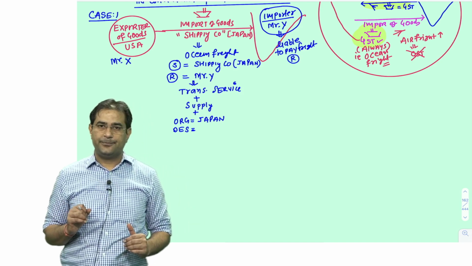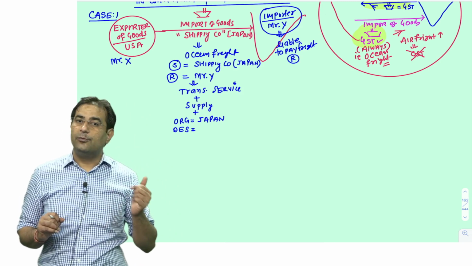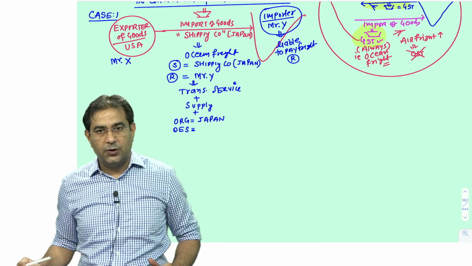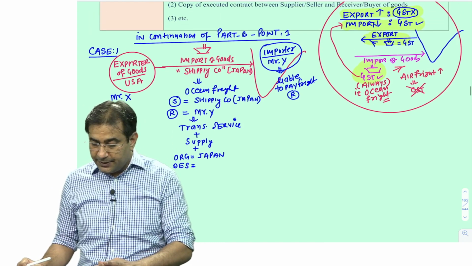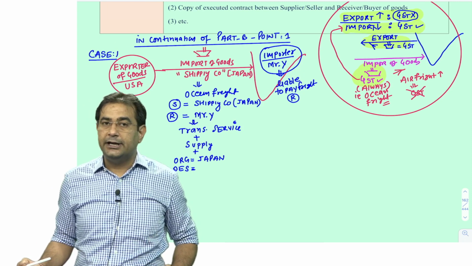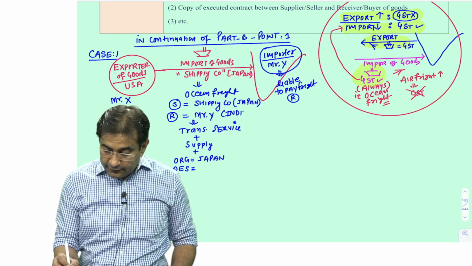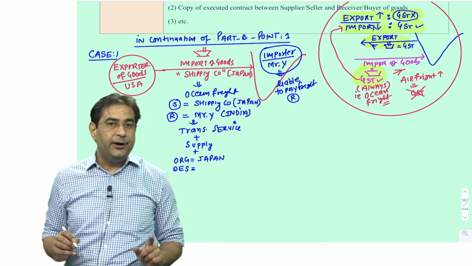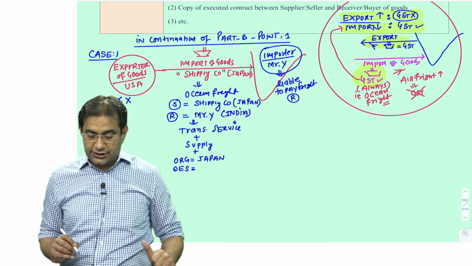Section 13 says that when any one or both parties are situated outside India, then section 13 shall apply. In such a particular situation, one of the parties, that is the supplier, belongs to Japan, outside India, so section 13 shall apply.